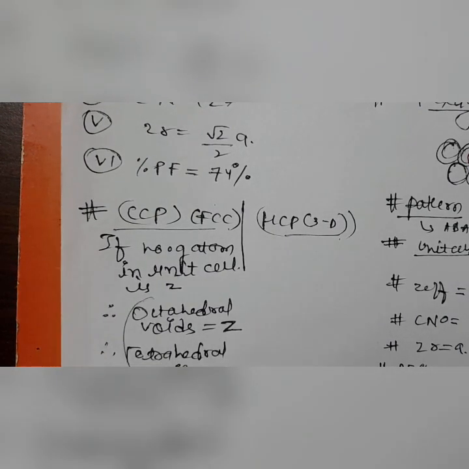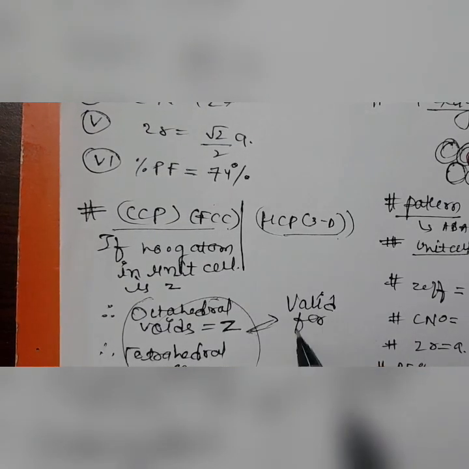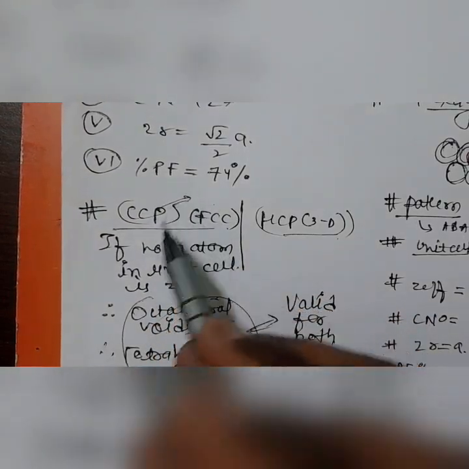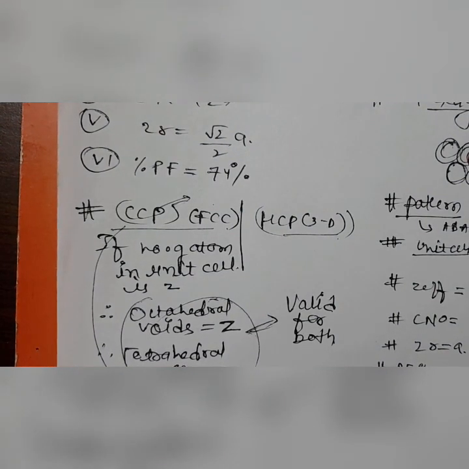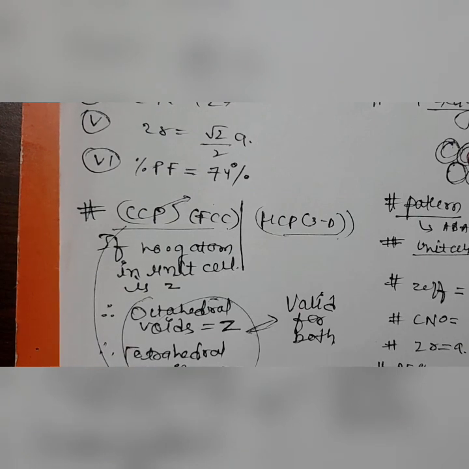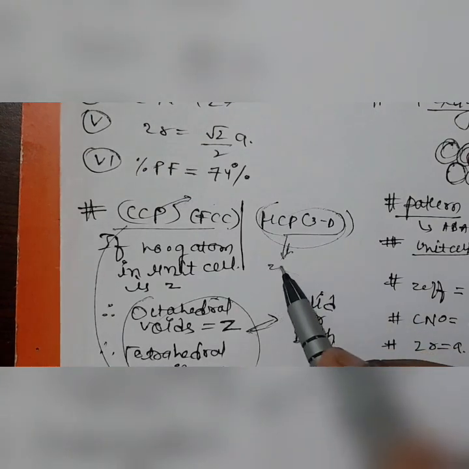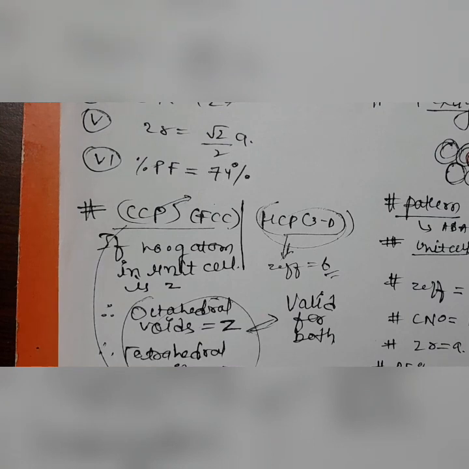This is valid for both. Z effective of cubical close packing is 4, and the Z effective of SCP-3D is 6. So accordingly we can easily calculate the octahedral and tetrahedral voids of the crystal lattice.